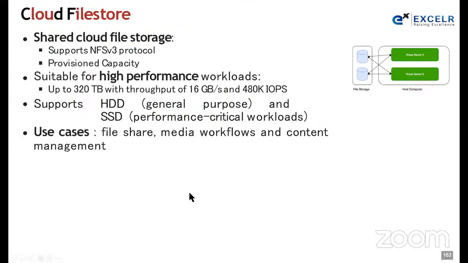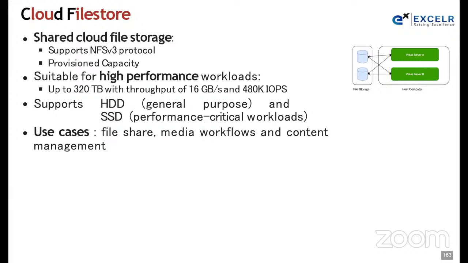So what is Cloud Filestore? This is nothing but a shared file system which you have for your GCP environment. This shared file storage is based upon the NFS protocol, NFS v3, and it is going to help you have a certain amount of provisioned capacity for your file storage.